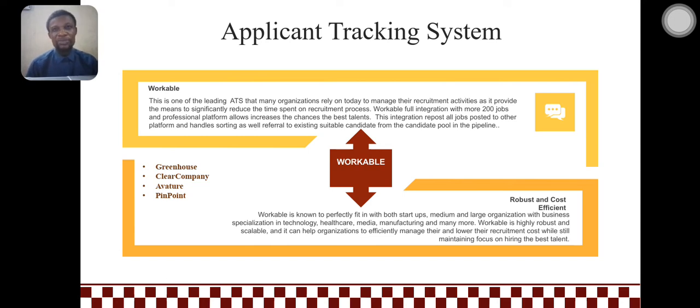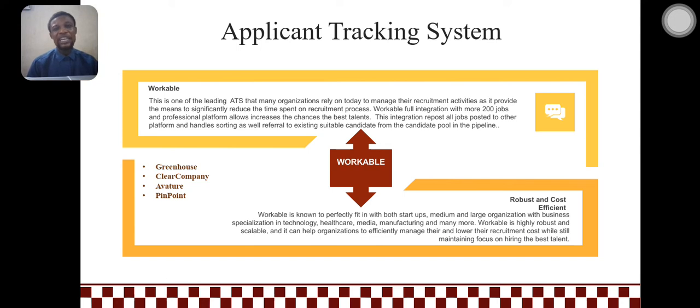And so Workable helps hiring managers or HR professionals to eliminate bias. That's one of the unique advantages of Workable, because Workable handles the sorting, it handles the initial phase.